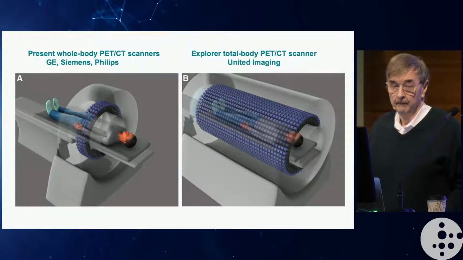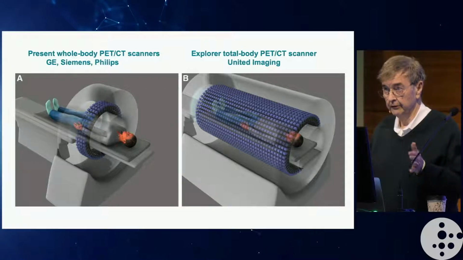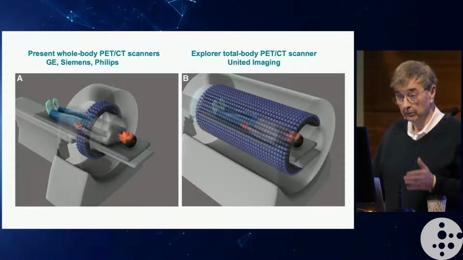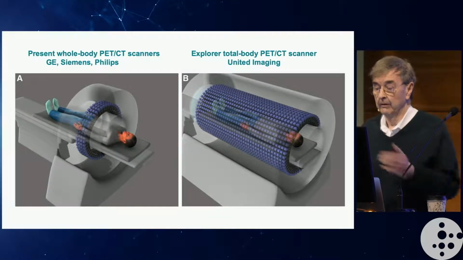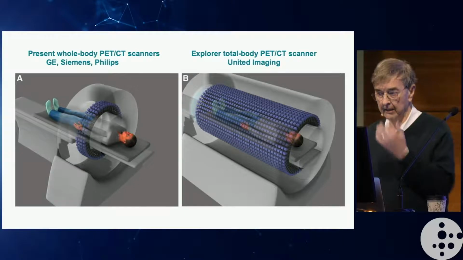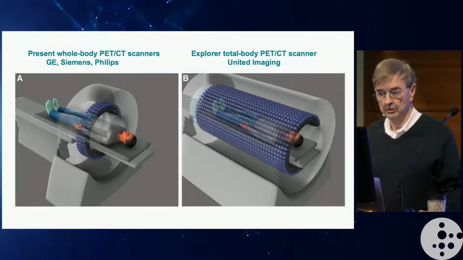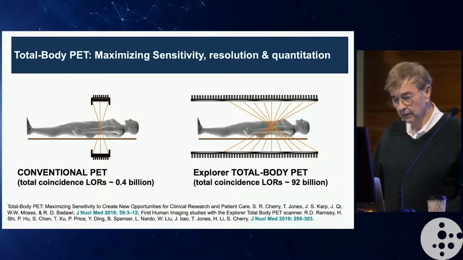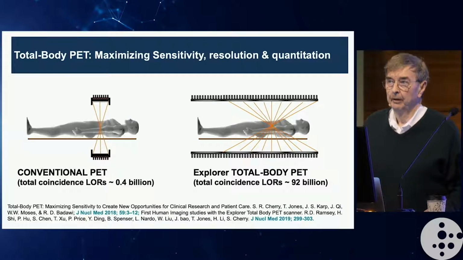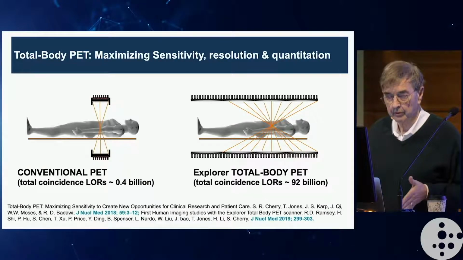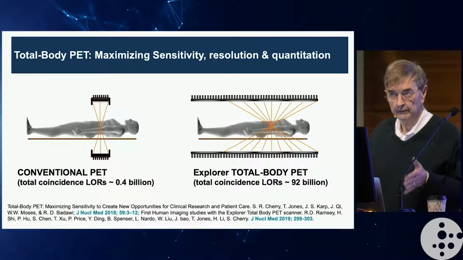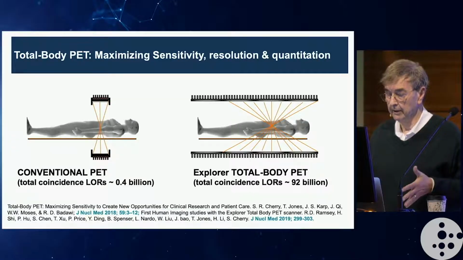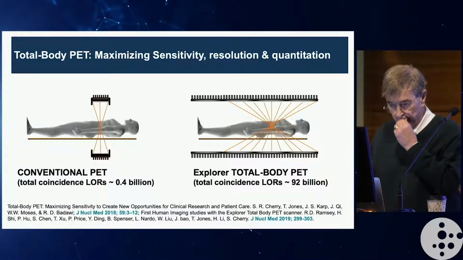So, to your left is a GE, Siemens, Philips type modern PET scanner, of what are called whole body PET scanners. To the right shows you this large array of detectors with enormous innovation to make all that work. In positron imaging, positrons are annihilated with electrons, E equals mc squared. Two photons are emitted back to back and detected by opposing detectors.